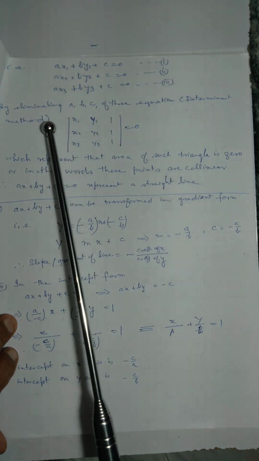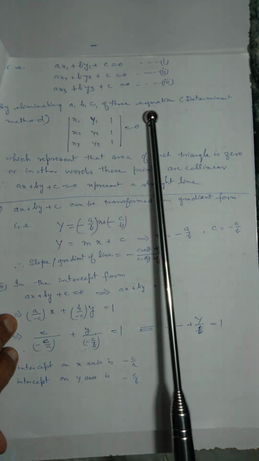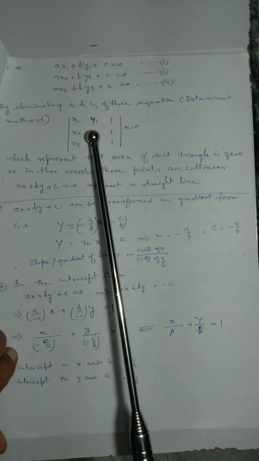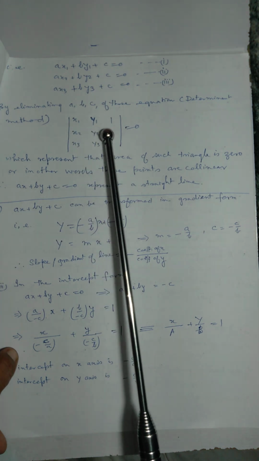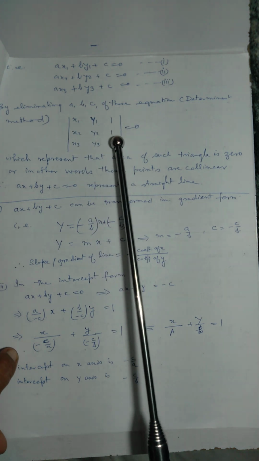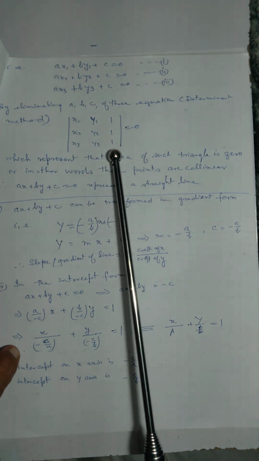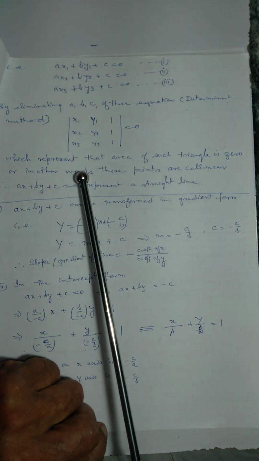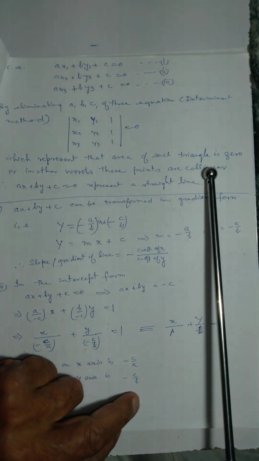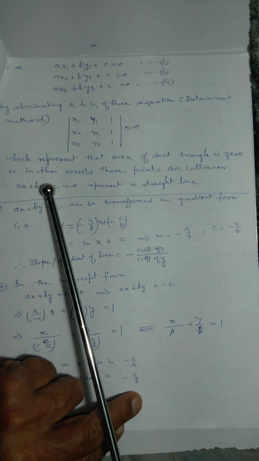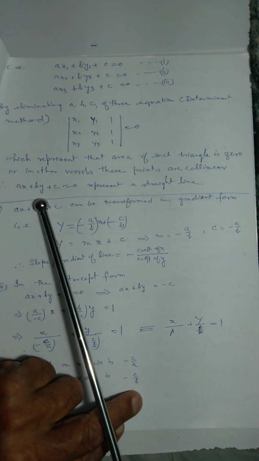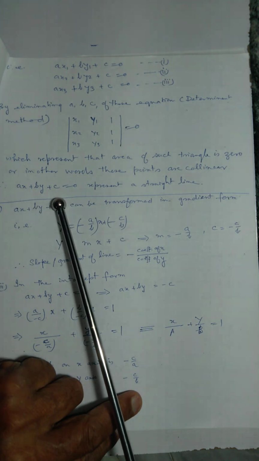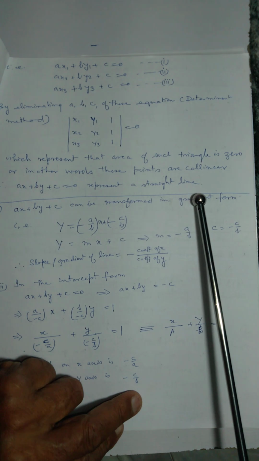By eliminating a, b, c from these equations, using the determinant method, first of all write down x1, y1, 1; x2, y2, 1; x3, y3, 1 equal to 0, which represents that the area of such a triangle is 0, or in other words these points are collinear. So ax plus by plus c is equal to 0 represents a straight line.